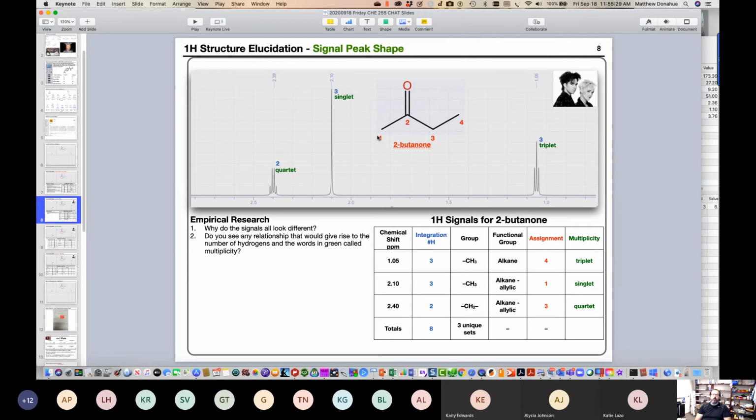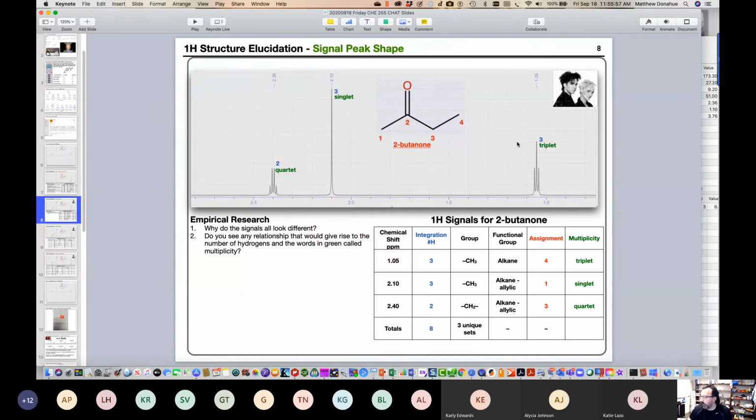M plus 1 or N plus 1, whatever letter, it's the number of neighboring hydrogens plus 1. This has 0. Again, this singlet assignment is for this peak, but the shape of that peak is determined by the neighbors. There's no neighbors here, so 0 plus 1 is 1. That gets you this singlet.